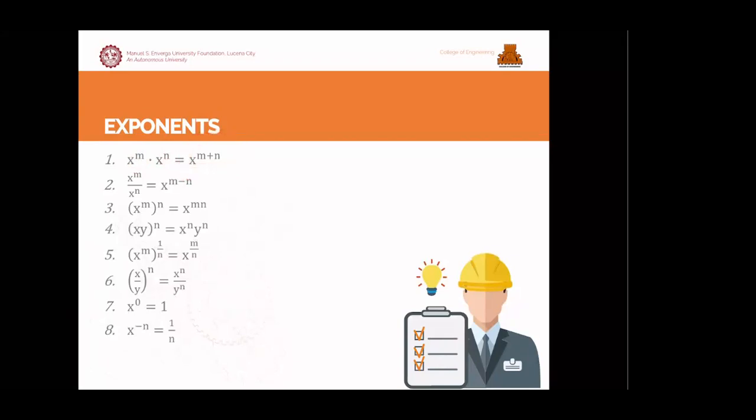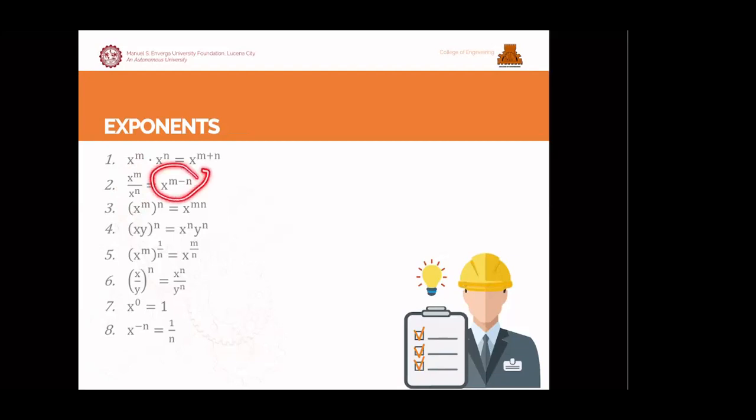Okay? Then like so, kapag naka-divide naman daw yung variable natin with different exponent, what we need to do is to subtract yung exponent ng numerator natin, yung nasa taas, minus yung exponent ng denominator natin, which is ito.